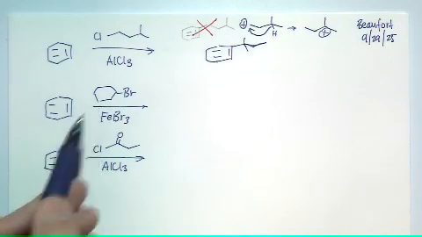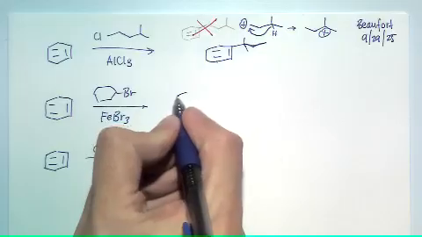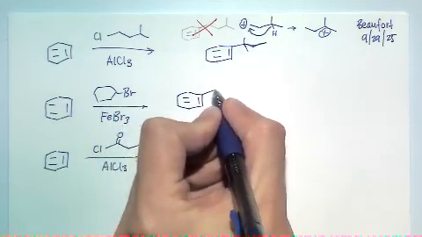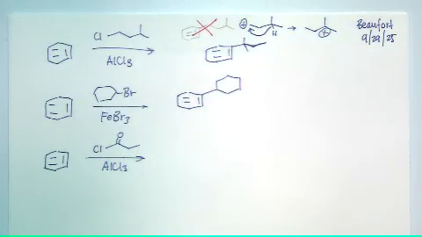For this one, we don't have to worry about a carbocation rearrangement. And so we're just going to get the cyclohexyl group substituted onto the benzene ring.